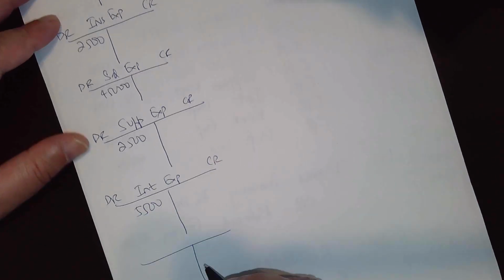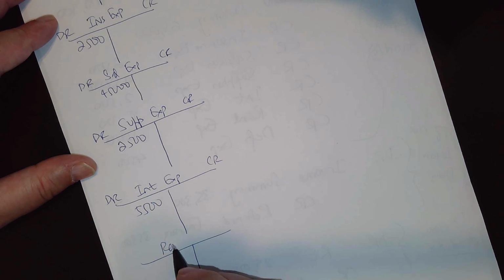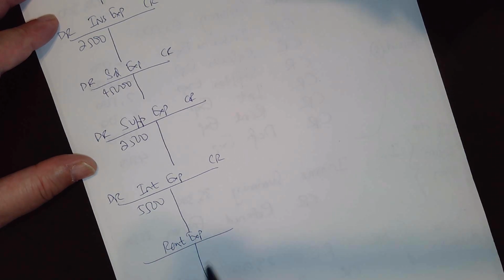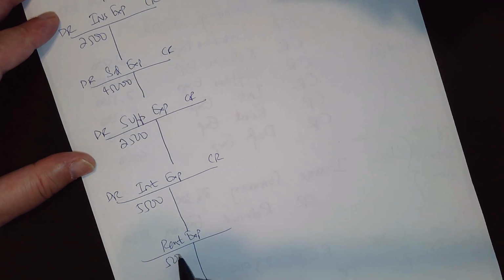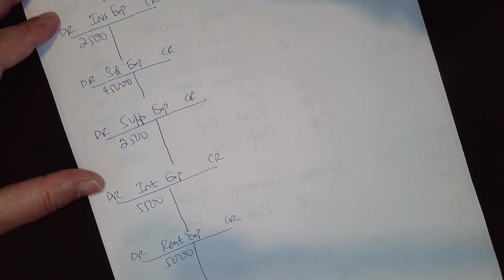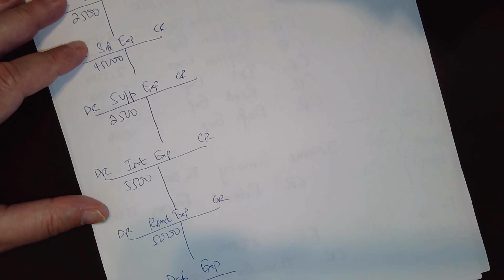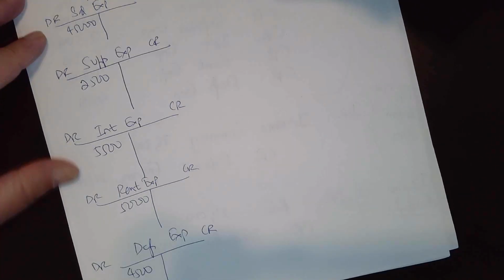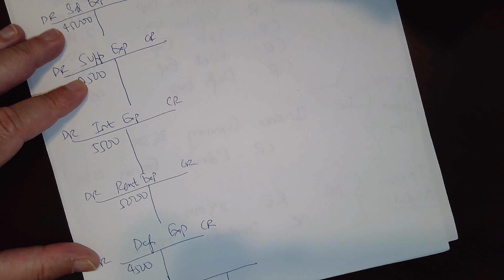Then you have another one called rent expense, and that is 5,000. And you have depreciation expense, that is 4,500. And then you have a dividend. Let's make it over here. Dividend also has a debit balance of 29,000.